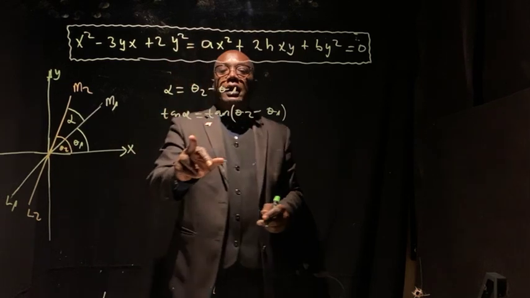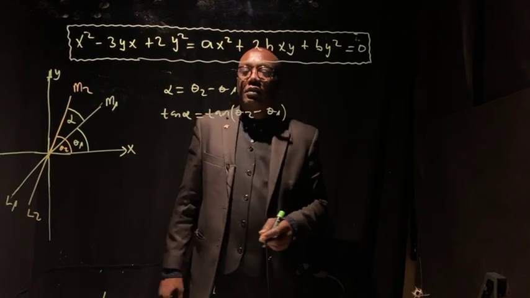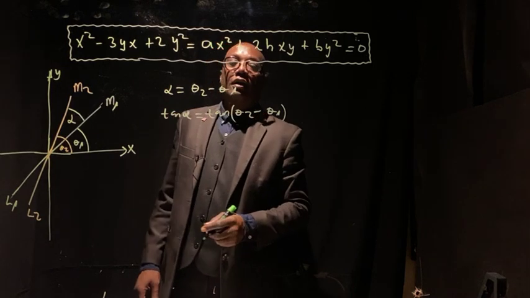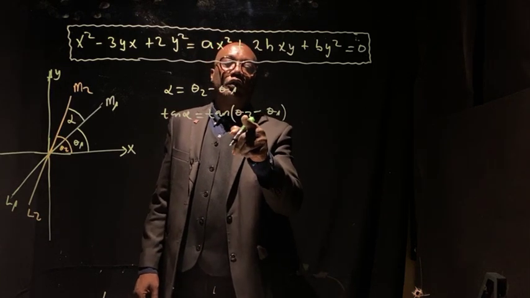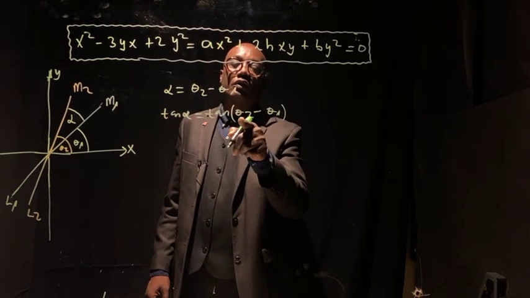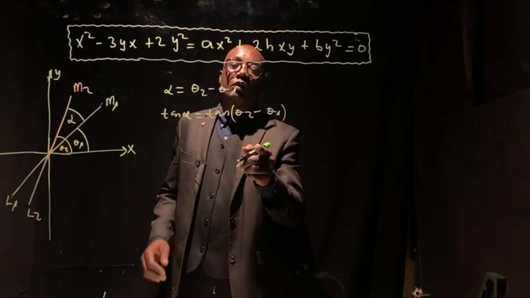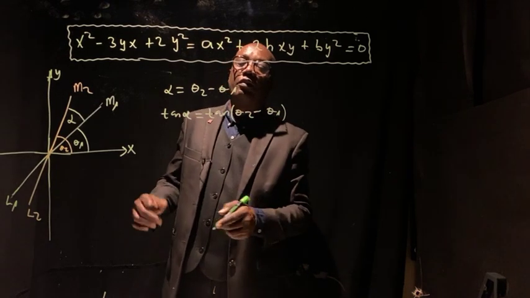The right-hand side, you can use the elementary trigonometry approach to expand. Because the angles are not the same, theta 1 is not equal to theta 2, it is a compound angle formula.